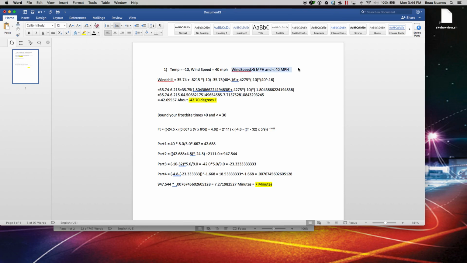Remember though, you do want to make sure that the wind speeds fall in this range. And then in your programming, you want to have that frostbite time be bound. So in your program, if your frostbite time is less than 0 or is greater than 30, that's a problem. You can't just say that there's no frostbite danger.